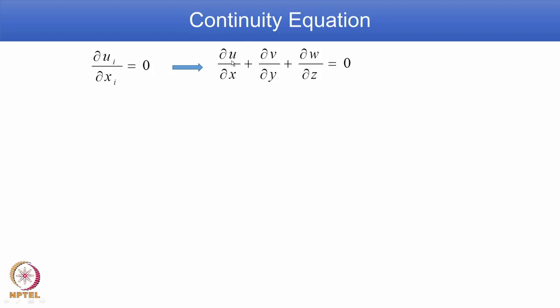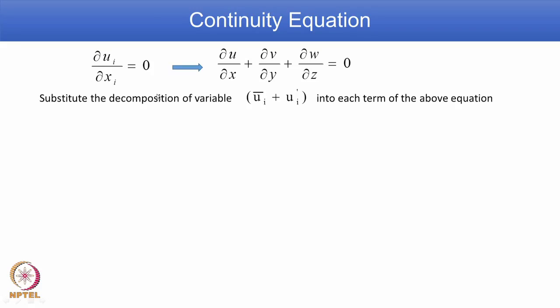When you substitute i equal to 1, you get u or u1 and the corresponding x direction. i equal to 2, you get u2 or v and the corresponding direction y. i equal to 3, you get w or u3 and the corresponding direction z. So, you understand the easiness. The same continuity equation with 3 terms in the form of index notation is written so concisely.